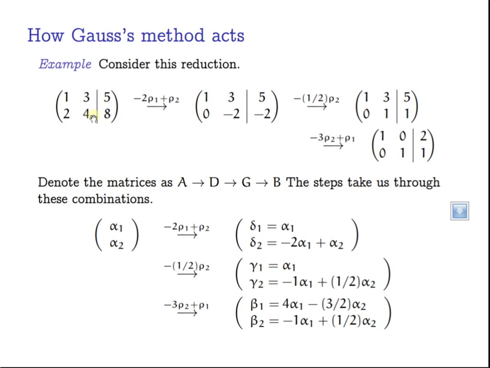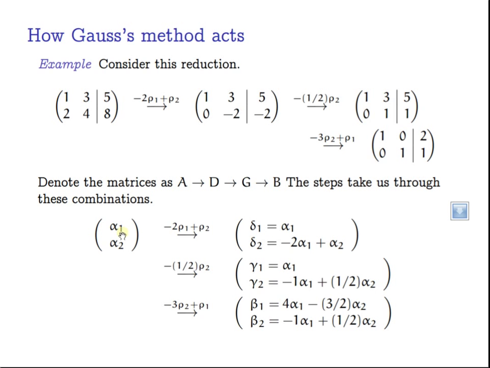Once I apply this row operation here, the new first row, which I call delta 1, is equal to the old first row, which is alpha 1. The new second row, which I call delta 2, is equal to this linear combination of the old first and second row.